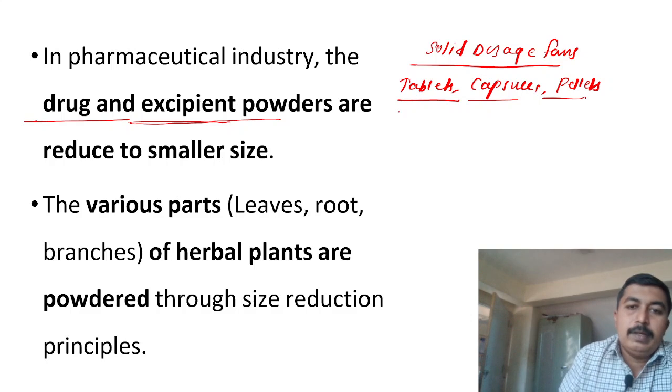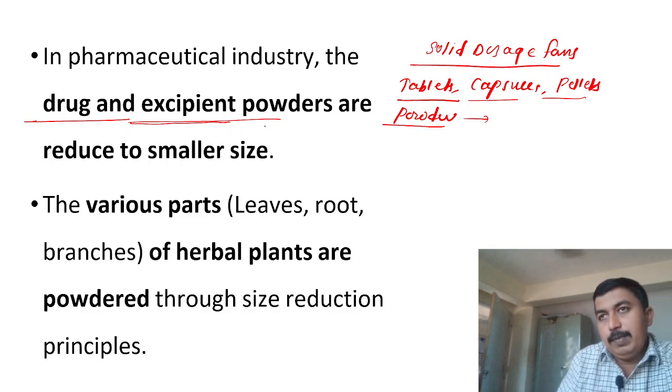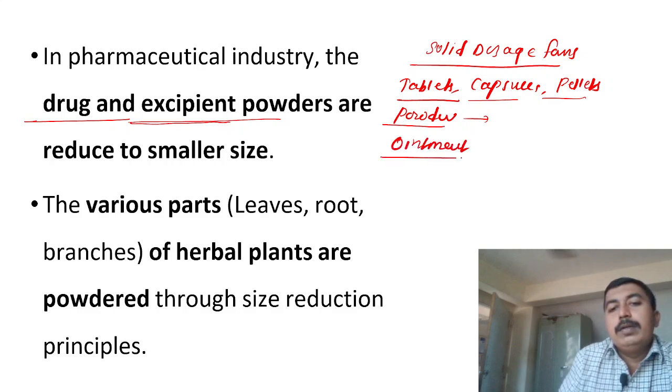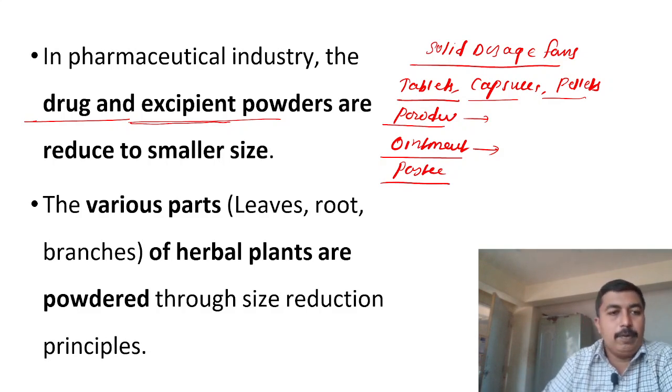Next, powder is also one of the dosage forms, for example dusting powder. Here also powder drug and powder excipients are required. Then for preparation of ointment also we require a drug, and the drug is generally mixed with the ointment base. Then for paste also. So these are a few examples of dosage forms which require a drug as well as excipients in the powder form.